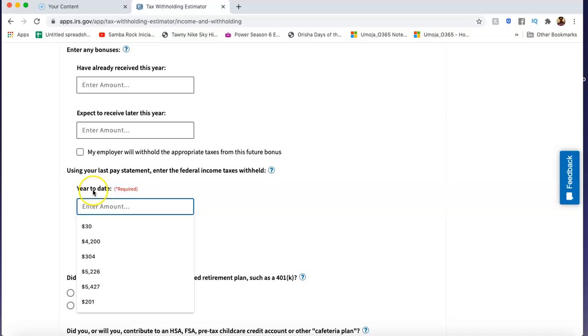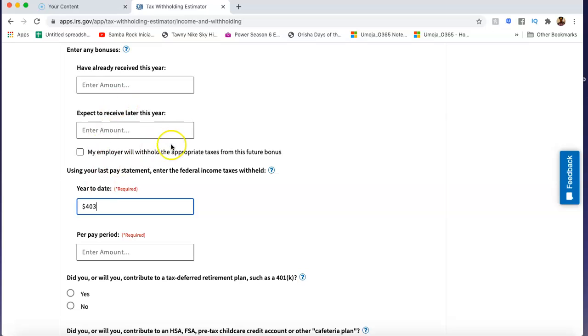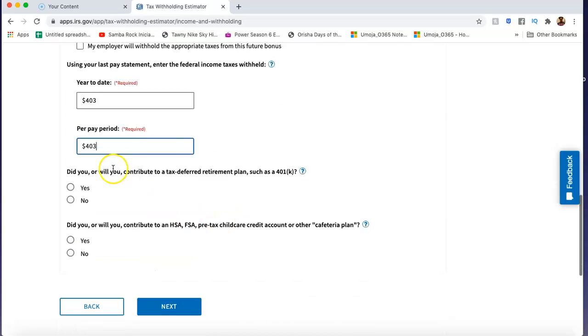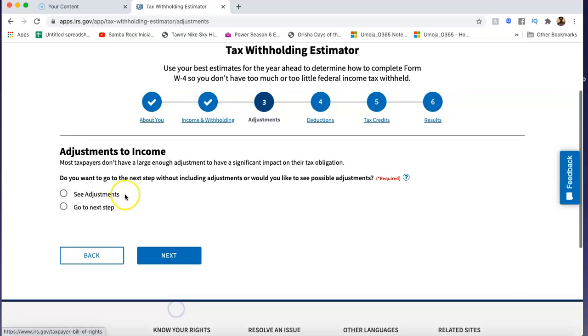So per period, she would be getting about 403 taken out. Did she have a 401k? We're going to say no for right now. Did she have an HSA, which is a health savings account, a flex savings account, or pre-tax childcare credit? None of that, just for this example.